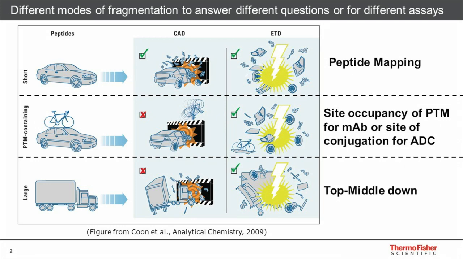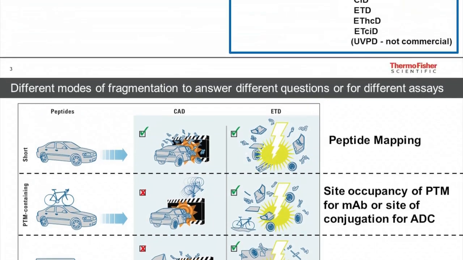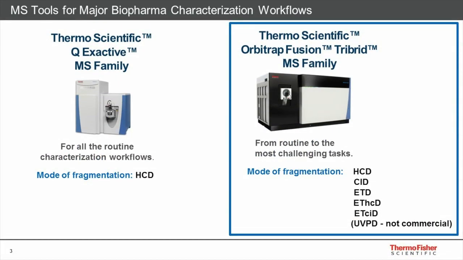In the presentation, I will go through a few case studies and show you what you can do. Aaron talked a lot about the Q-Exactive family. At Thermo, we also have another family, which is the Orbitrap Fusion Tribrid.